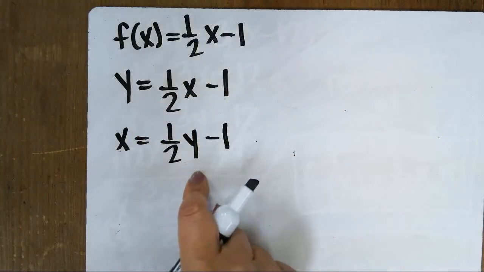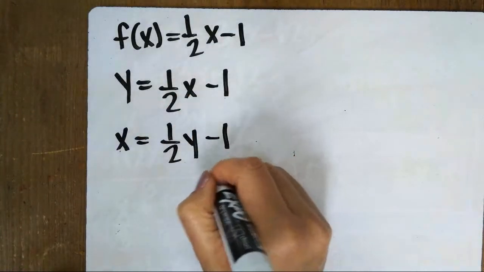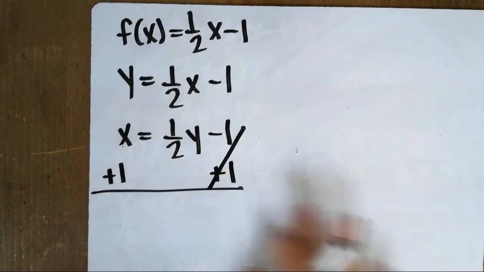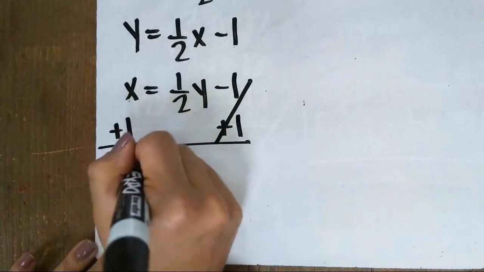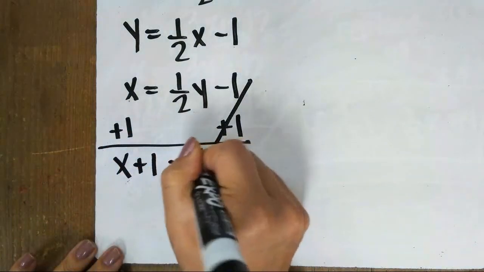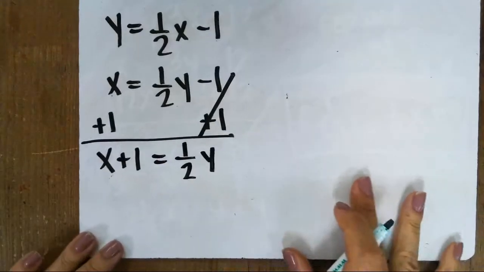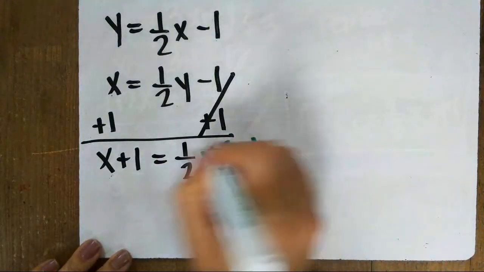So now get your y by itself. Add 1 to both sides. This cancels. You have x plus 1. And you have your 1/2 y. Now, get rid of that fraction by multiplying by the inverse.